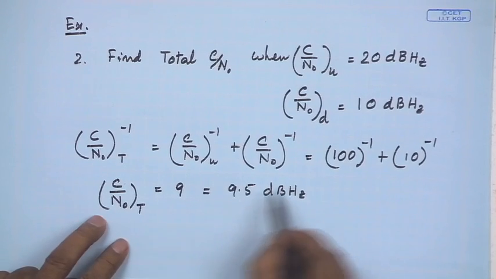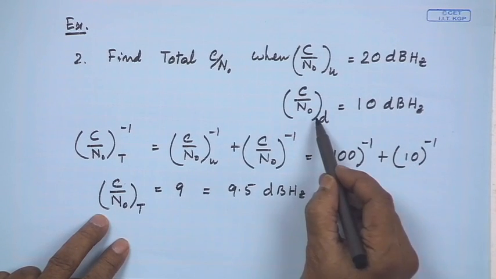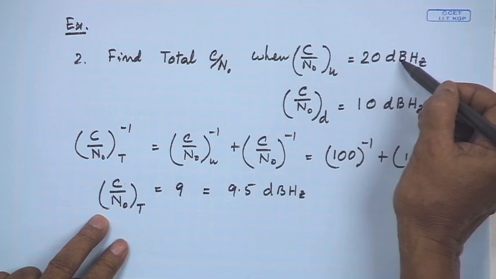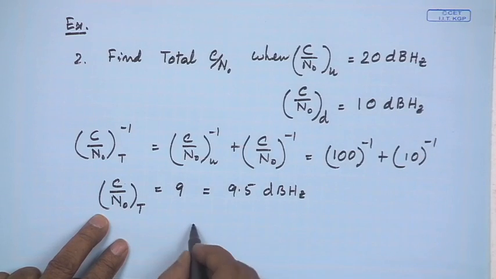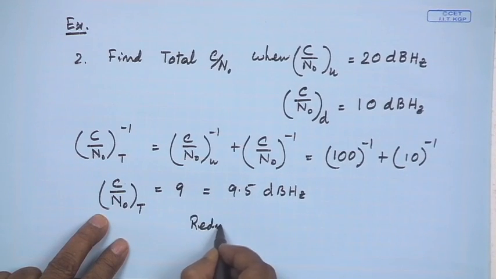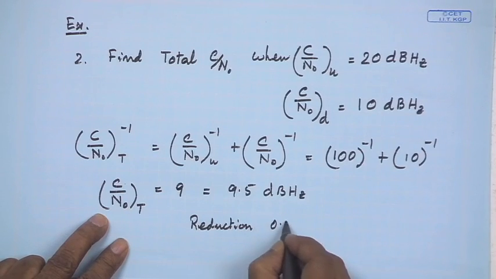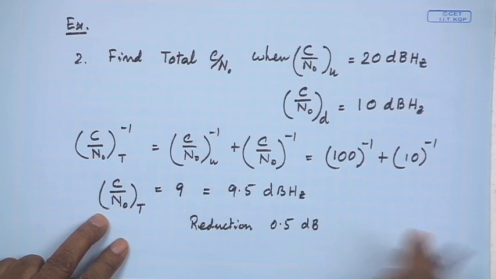So, now you see it is lower than the downlink, which is 10 dB hertz, it has become 9.5 dB hertz. So, when I reduce this one 10 times, reduction from the lowest one is about 0.5 dB.